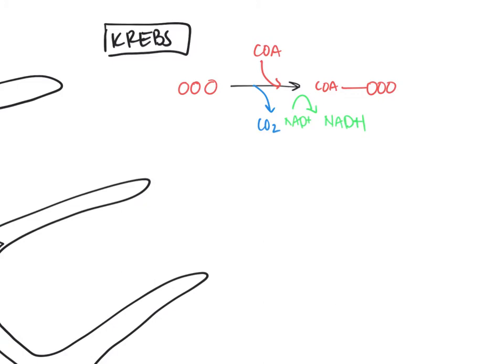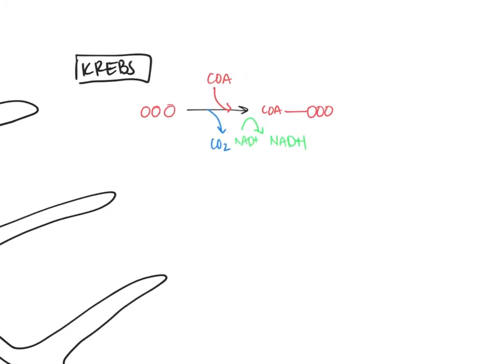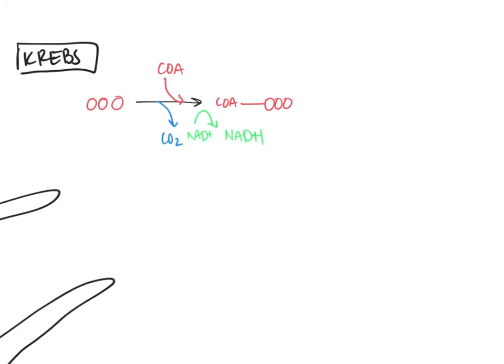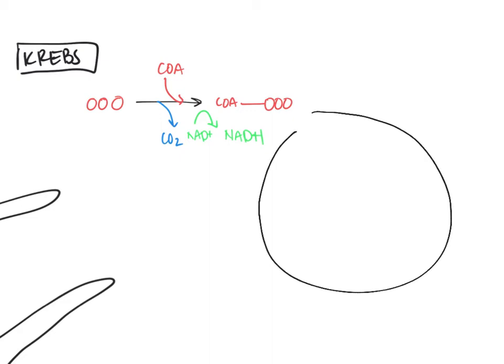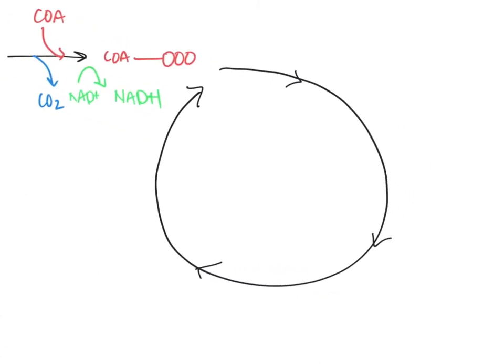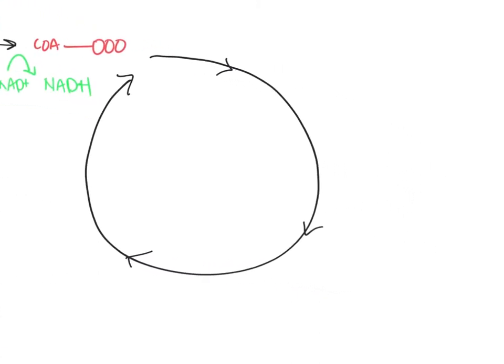Okay, so now that we have our main reactant in the citric acid cycle, or the Krebs cycle, we'll go ahead and start our cycle. So I'm going to draw a circle for you with a couple arrows indicating that this is a cycle. Throughout this process, we have several reactants and products.